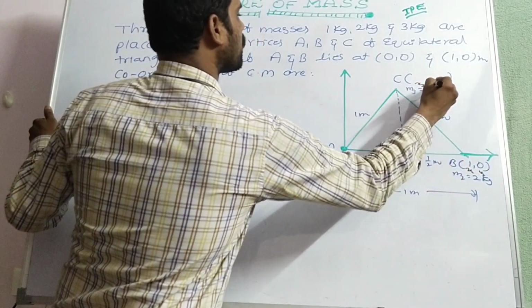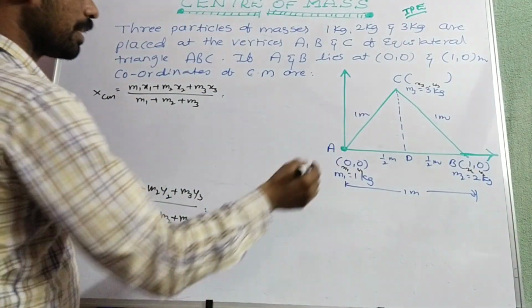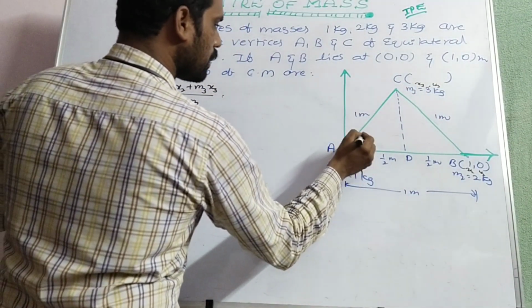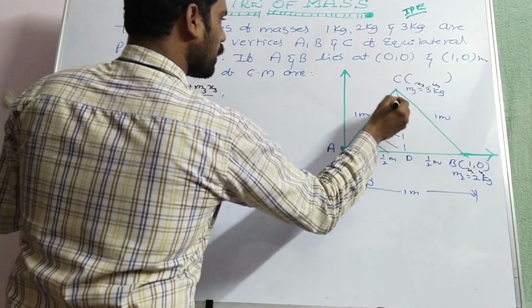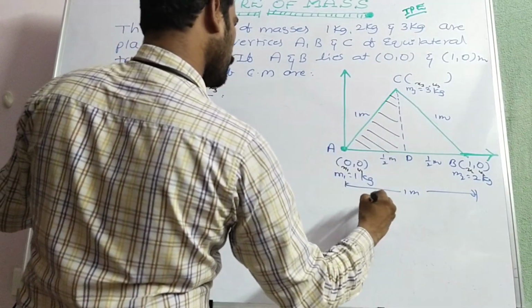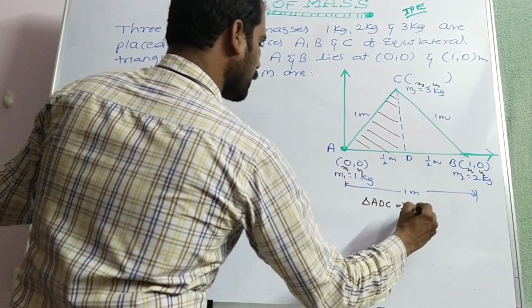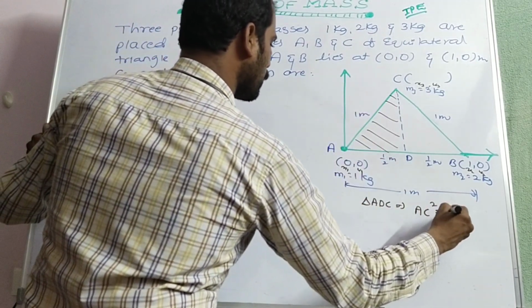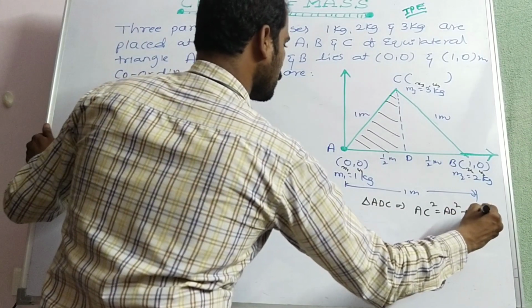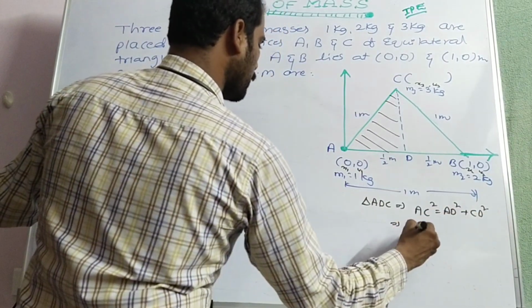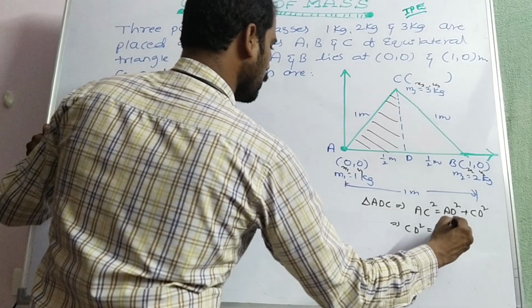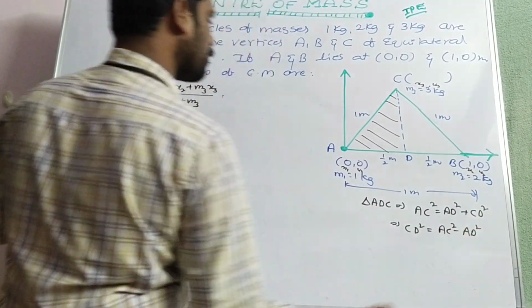What about x3, y3? For that, consider the triangle ADC, a right angle triangle. AC square is equal to AD square plus CD square. That implies CD square is equal to AC square minus AD square.